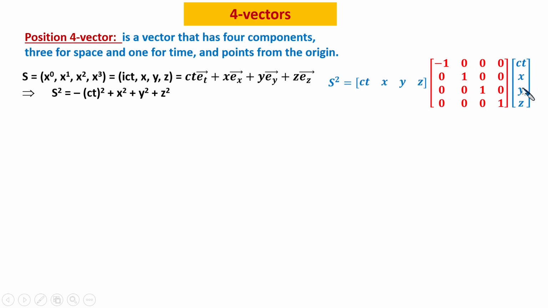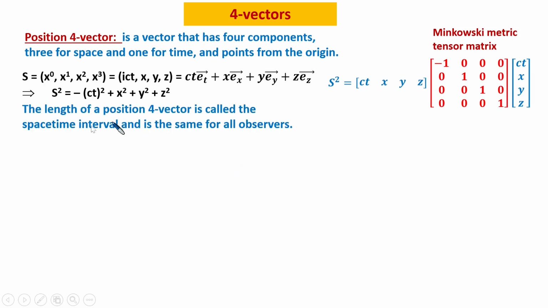So first you multiply these two matrices, so you will get minus ct, x, y and z, and then we know for the basis vectors et dot et, ex dot ex, ey dot ey, or ez dot ez, in a normal Euclidean you take it as 1, but here you take et dot et as minus 1 because of this imaginary sign. So now when you multiply this quantity with minus ct, x, y, z, and consider this multiplication of the basis vectors, you get it in this form. So this is your Minkowski metric tensor matrix. Thus, the length of the position 4 vector is called the spacetime interval and is the same for all observers.